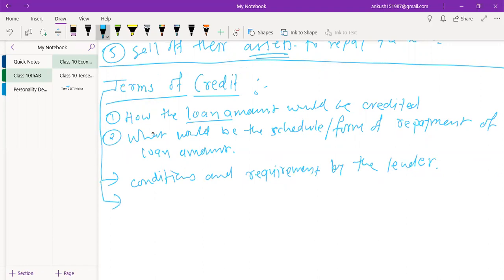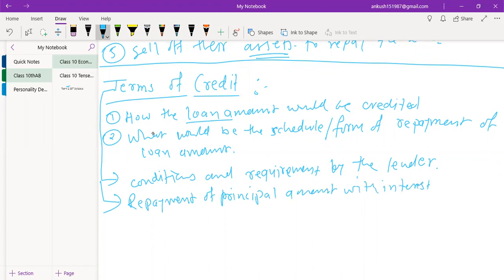Second thing, a specific rate of interest that the borrower must pay along with the principal amount. Repayment of the principal amount with interest.